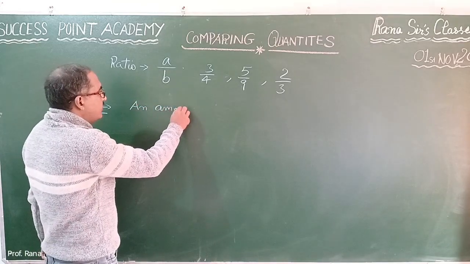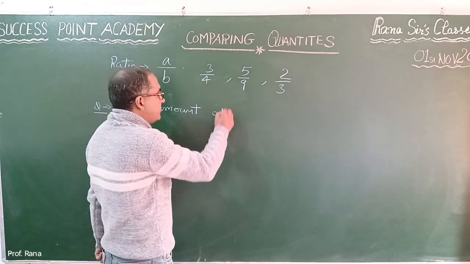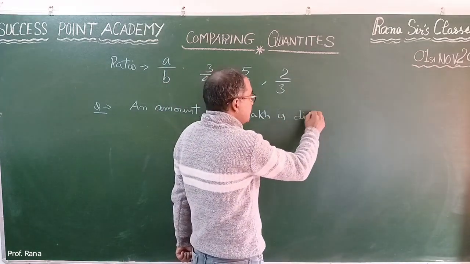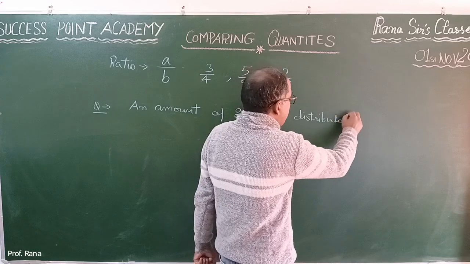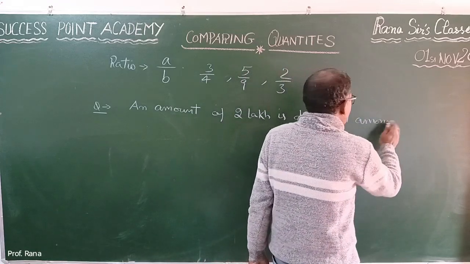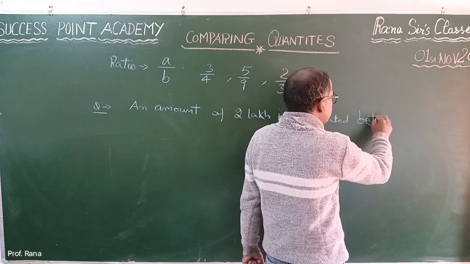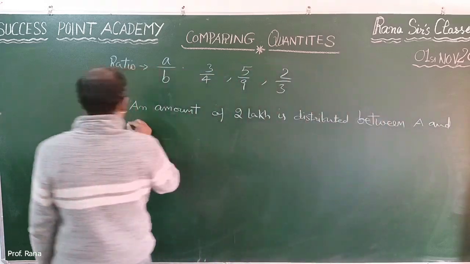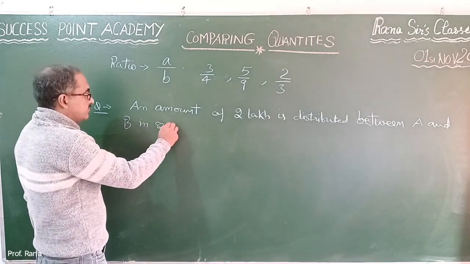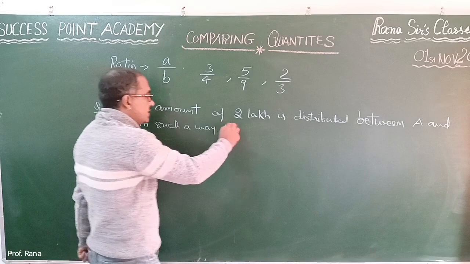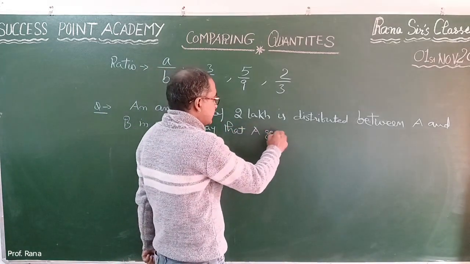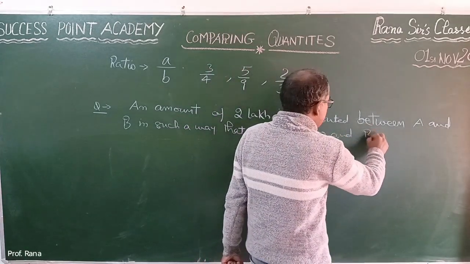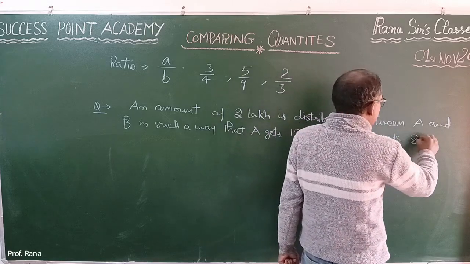This is a very simple example: an amount of 2 lakhs is distributed, or let it be, make it simple first, between A and B in such a way that A gets 1,20,000 and B gets 80,000.